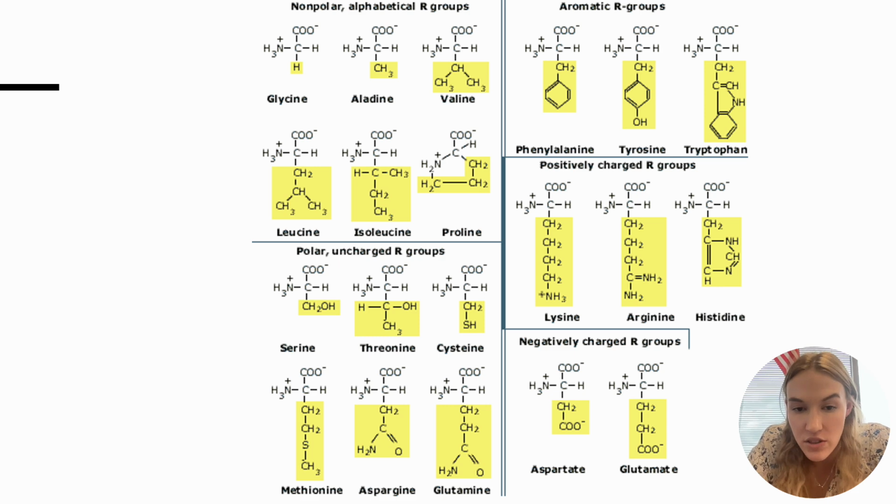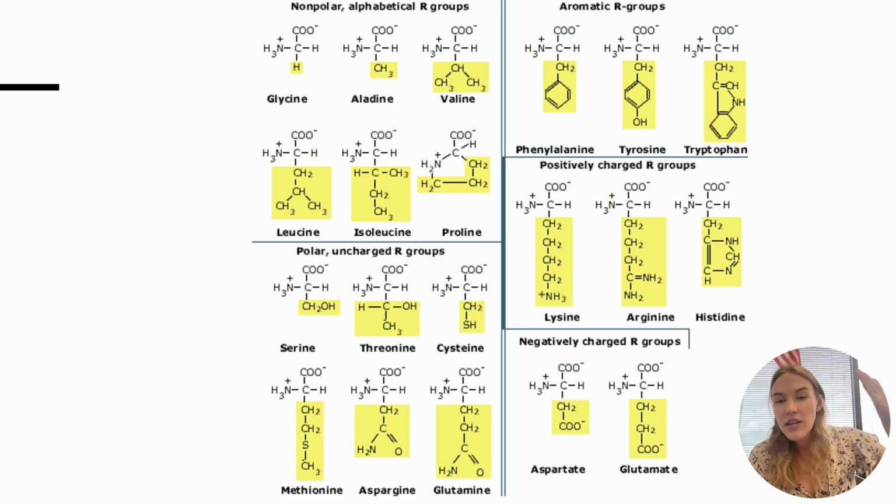And I also want you to start thinking about, okay, if I mutate my protein, going back all the way to the DNA level, I change the codon so that it codes for a different amino acid, is it going to have a big effect?